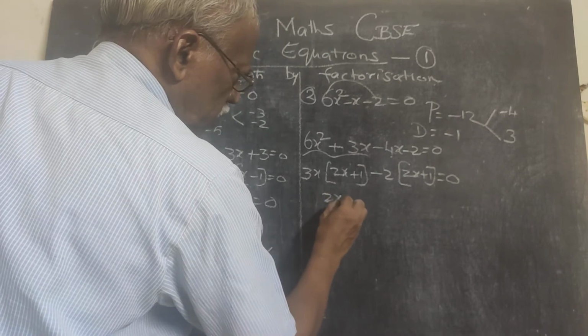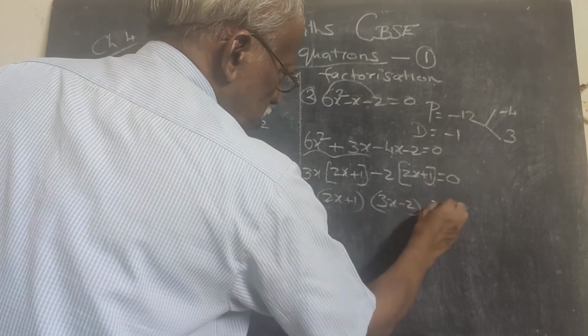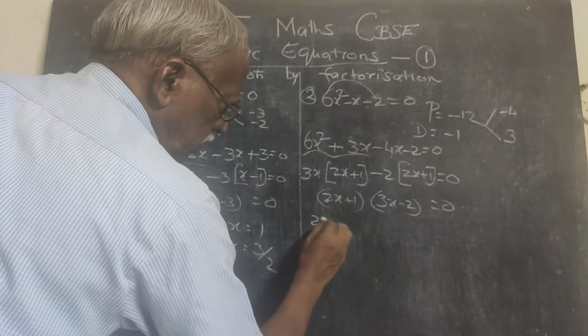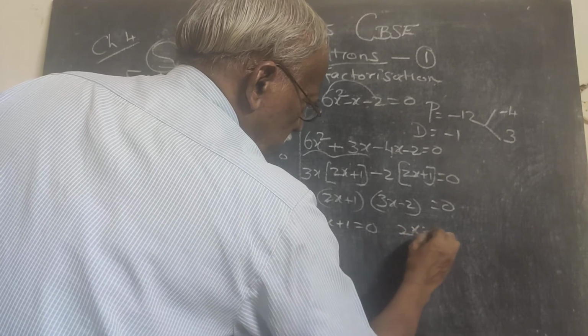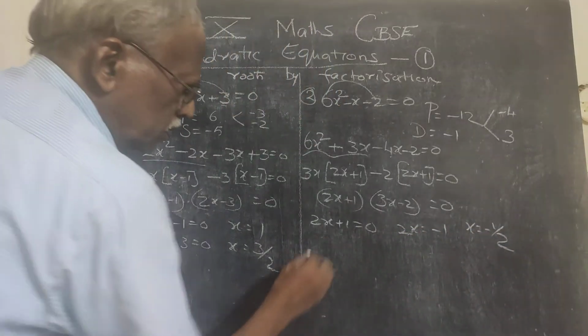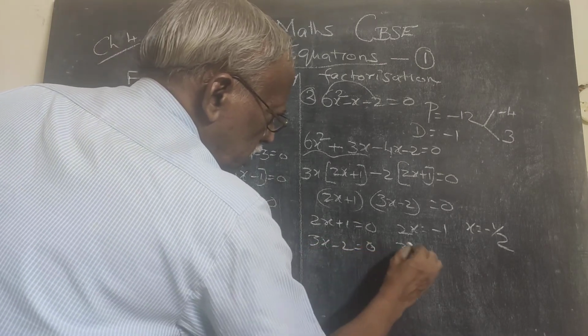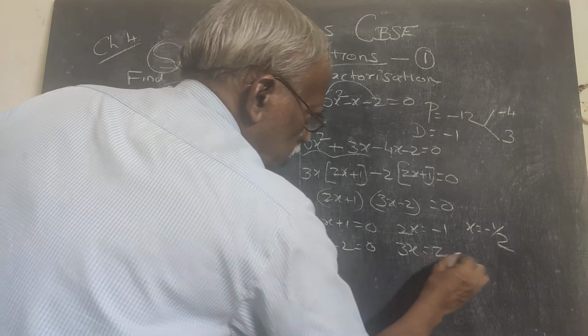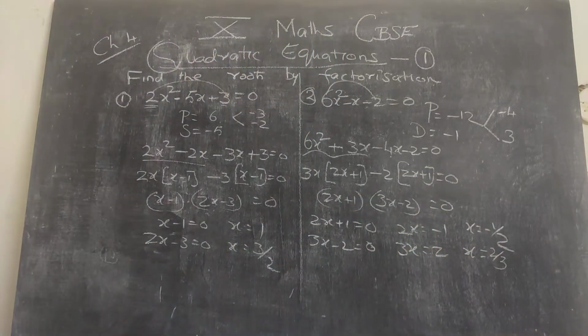The answer is therefore 2x plus 1 into 3x minus 2 equal to 0. That means 2x plus 1 equal to 0, 2x equal to minus 1, x equal to minus 1 by 2. 3x minus 2 equal to 0, 3x equal to 2, x equal to 2 by 3.